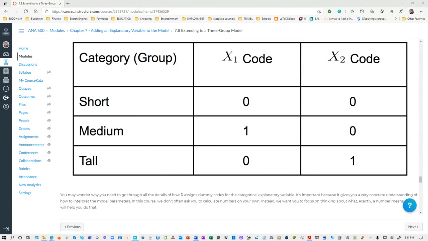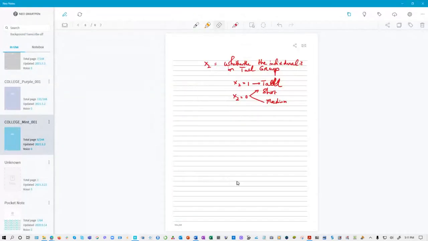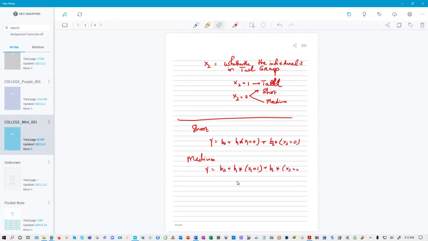If we combine now everything that I wrote over here: short means you have the equation Y equals B0 plus B1 times X1 equals 0 plus B2 times X2 equals 0. If it is in the medium group, Y equals B0 plus B1 times X1 equals 1 plus B2 times X2 equals 0.